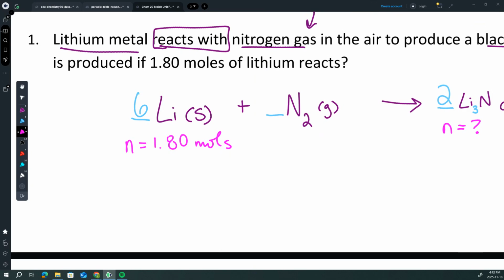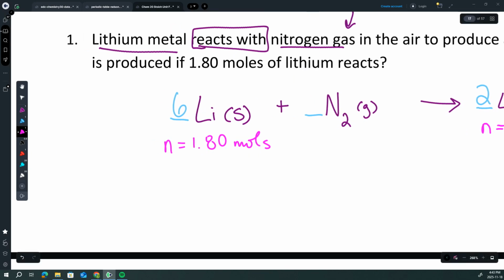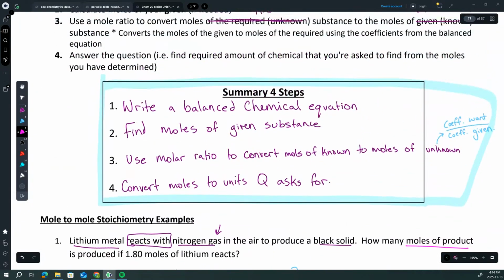Now let's get to solving this. First, start out with your given number here. Just to go back to our steps, we have completed writing a balanced chemical equation. Now for step 2, it says find moles of your given substance.